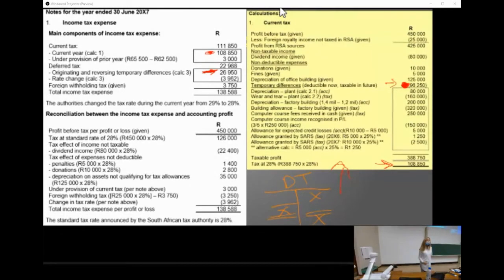We had to do a journal to that deferred tax account, and the other leg is this originating and reversing of temporary differences. That amount is also the same as the temporary differences in my current tax calc. Not always. You'll see that sometimes there are things that go into this amount in addition to what we have here. But I want you to see that this is the unwinding of the temporary differences, and that's the same as the journal that we have to do from our deferred tax to our income tax expense.